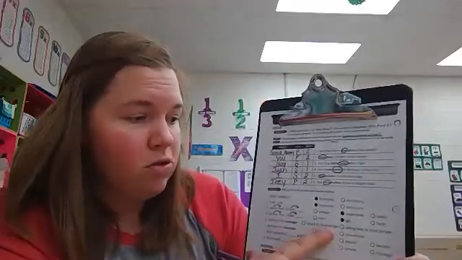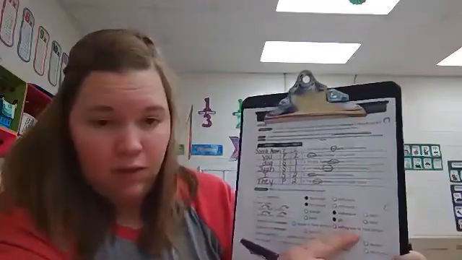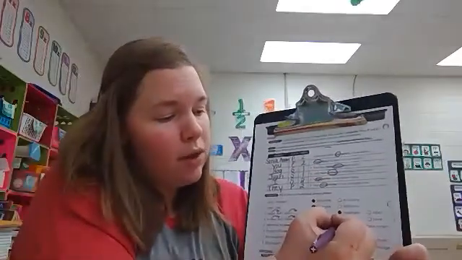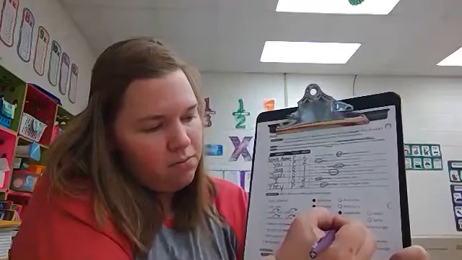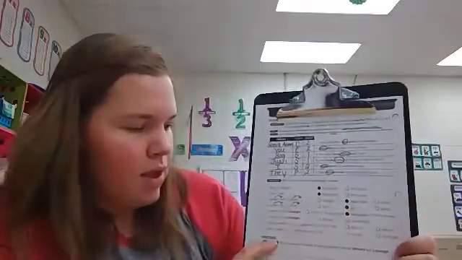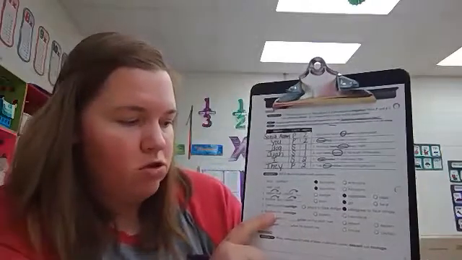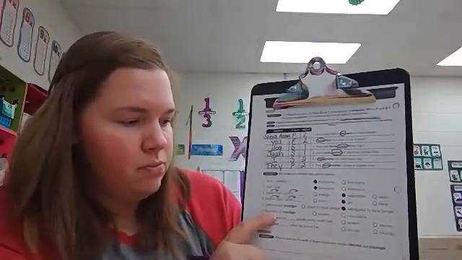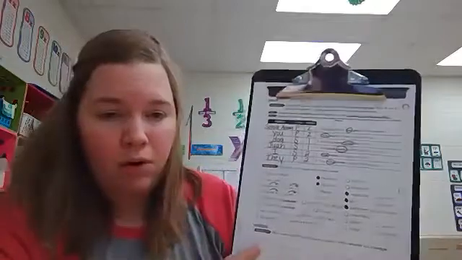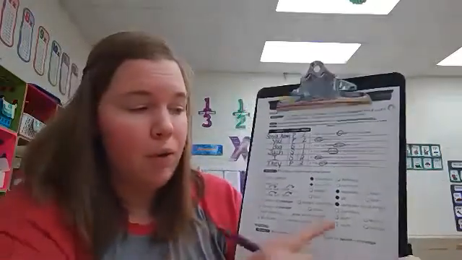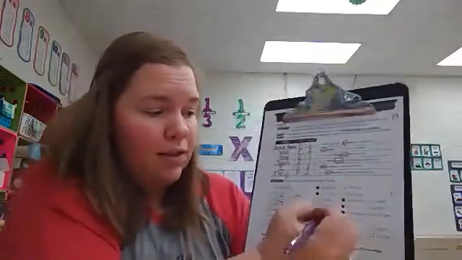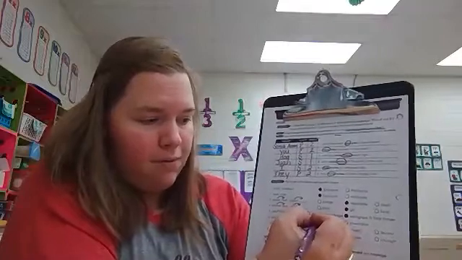Afraid to face danger or willingness to face danger? If you have courage, you're willing to face danger. Okay. So what word means about the same as courage? Bravery or cowardice? If you have courage, if you're willing to face danger, you are brave. So bravery.